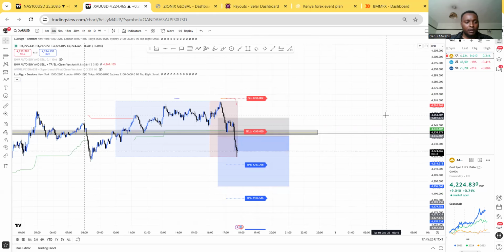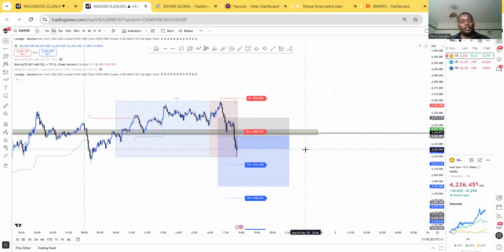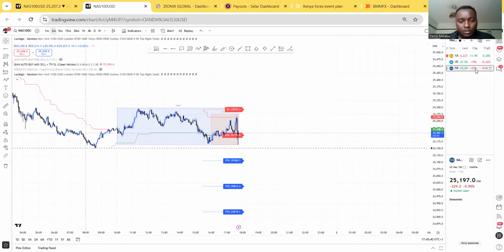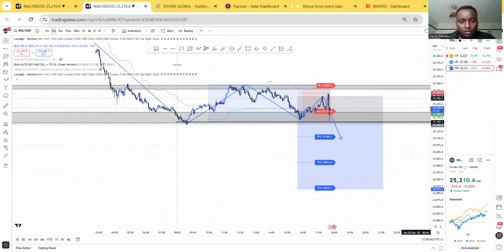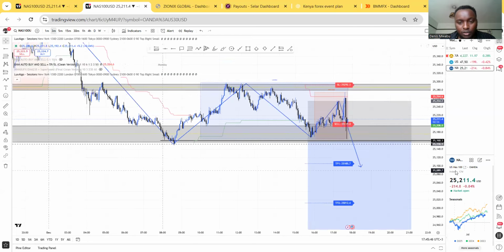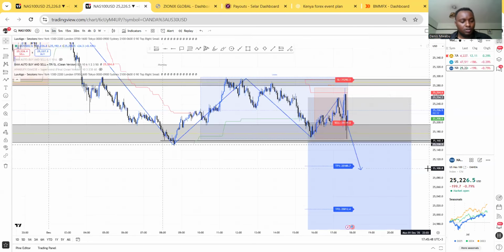This is our premium scanner. And as you are waiting to see our indices setups, if they will play out, you see NASDAQ has come, not done anything yet.